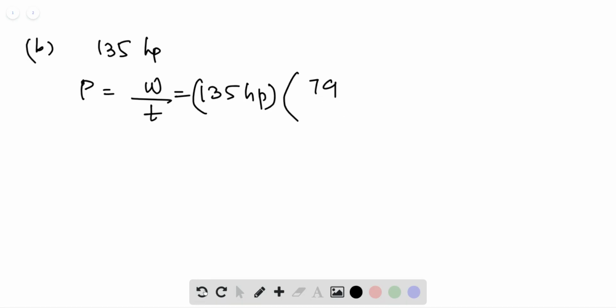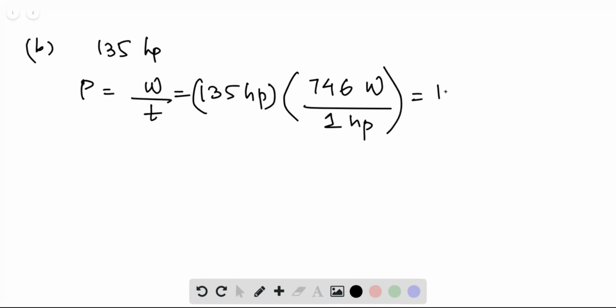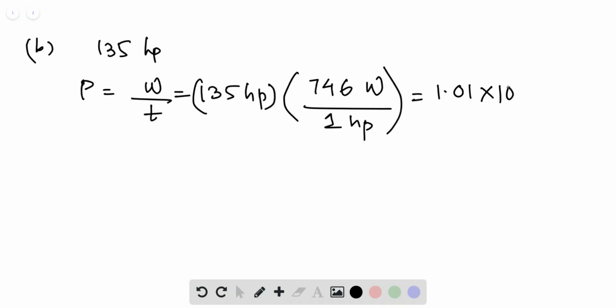Let me write this properly. We multiply that so as to get our power in units of watts, and that is equal to 1.01 times 10 to the power 5 watts. So that's the useful power.